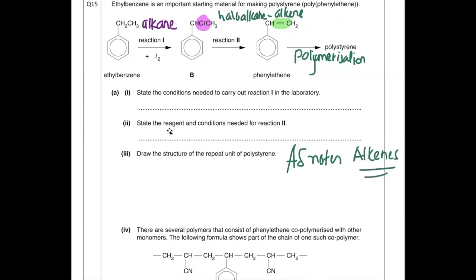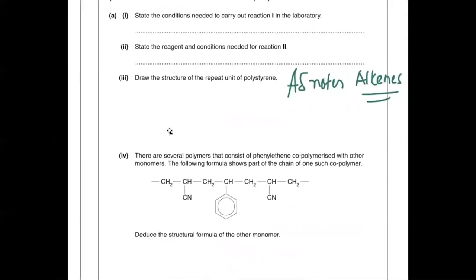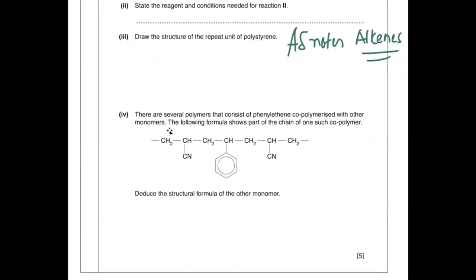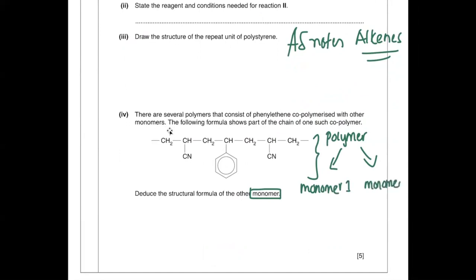Okay, there are several polymers. Deduce the structural formula of the other monomer. Okay, so this polymer consists of 2 monomers. Okay, monomer is the starting unit. Monomer 1 and monomer 2. So there are several polymers that consist of phenylethene.